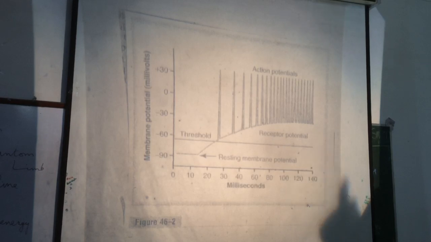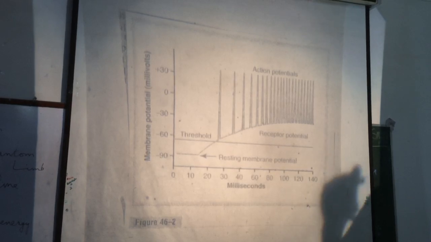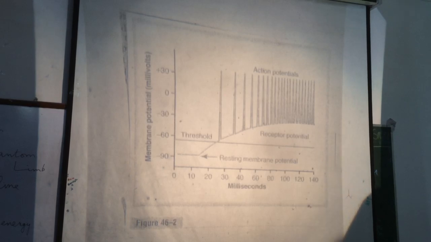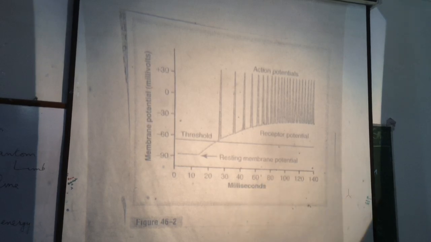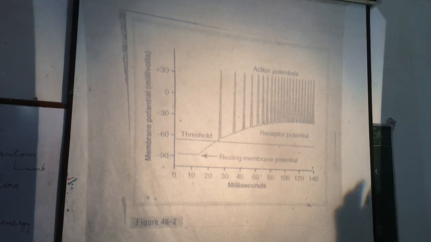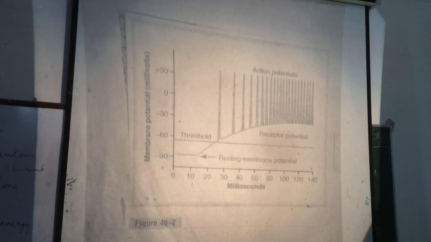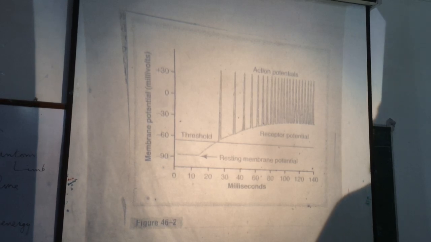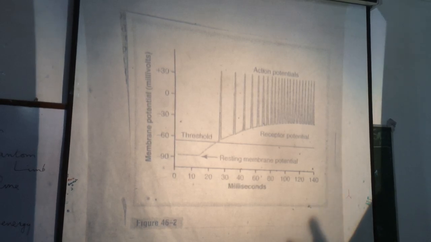Greater the amplitude of the receptor potential, greater will be the frequency of discharge of impulses from the receptors along its sensory nerve fiber.